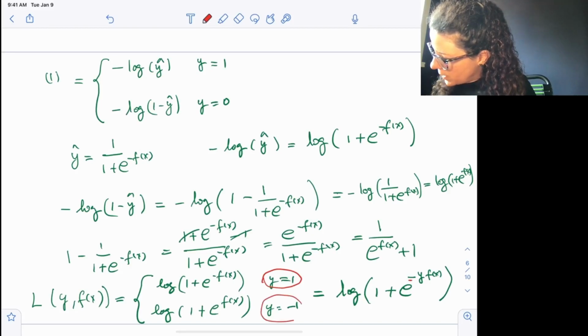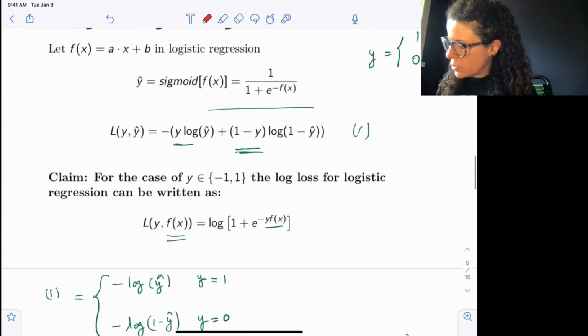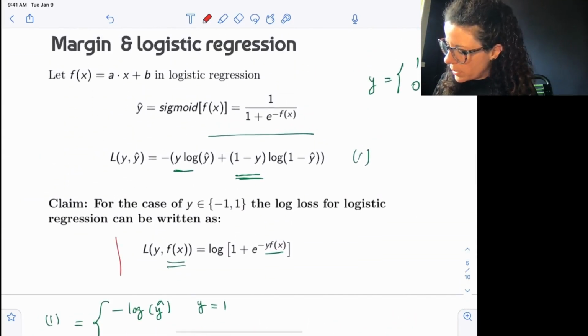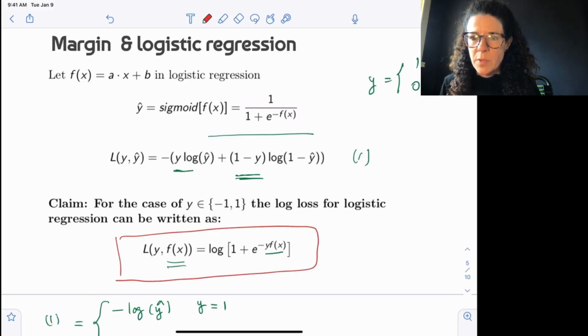If y is equal to minus 1, I get a plus 1 there. So hopefully you saw that I was able to show this formula. I was able to rewrite this formula for the cases of y equal to minus 1 and 1 as a function of the margin. And you're going to see why this is going to become handy.